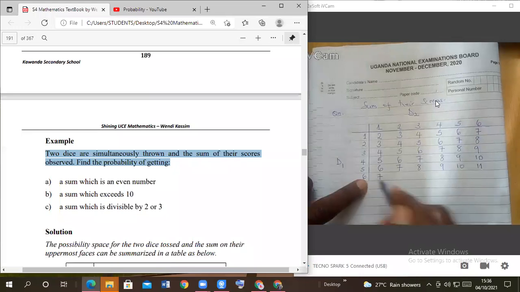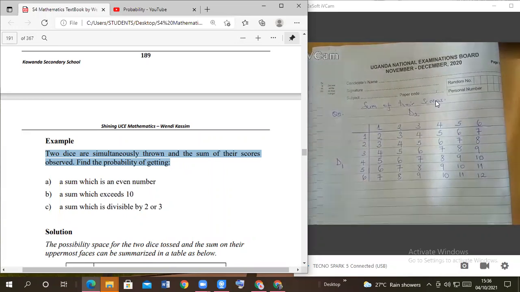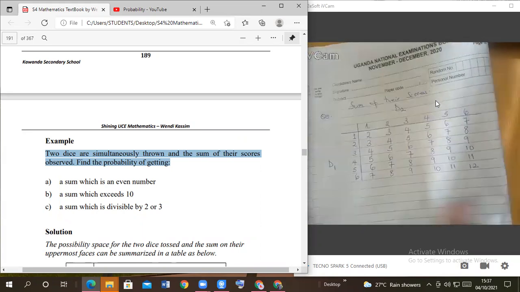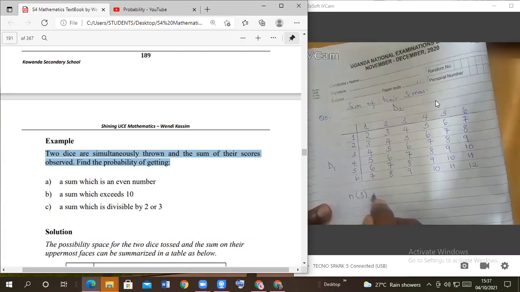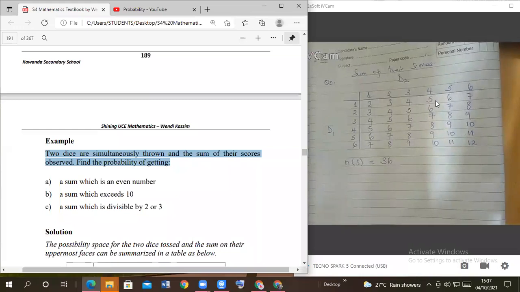Here would be 7, 8, 9, 10, 11, 12. Are you together, members? Yes. That would be our sample space. What is the size of the sample space? Our sample space will remain 36.